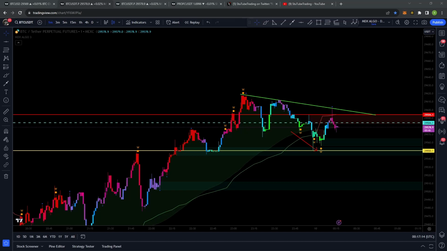I find that generally, as far as fees go, when I enter on these very small time frame, tight stop loss scalps, I'm usually using like 50 or 69x leverage. And I find that if I make about 0.5% profit, that it covers my fees.